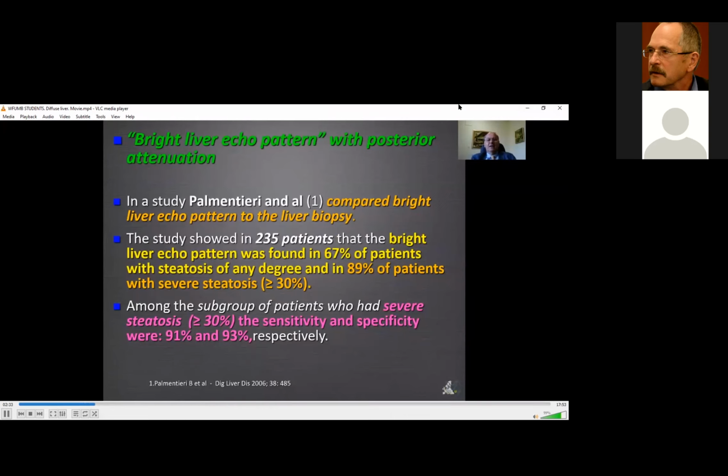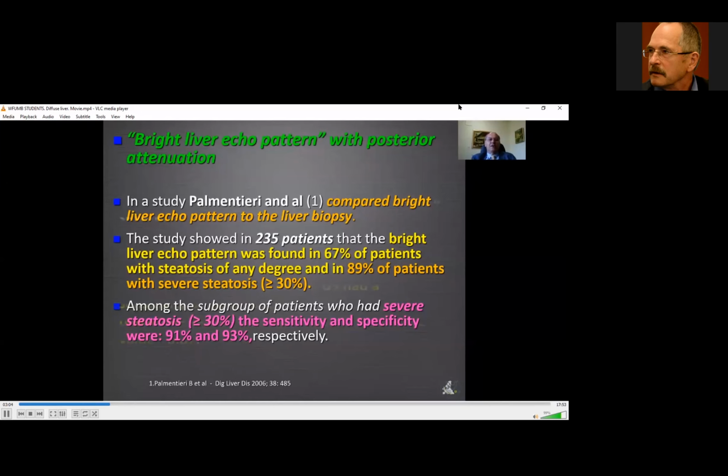In 235 patients, the bright liver echo pattern was found in 67% of the patients with any degree of steatosis, and in almost 90% of the patients with severe steatosis. For patients with severe steatosis, the sensitivity and specificity of ultrasound is more than 90%.